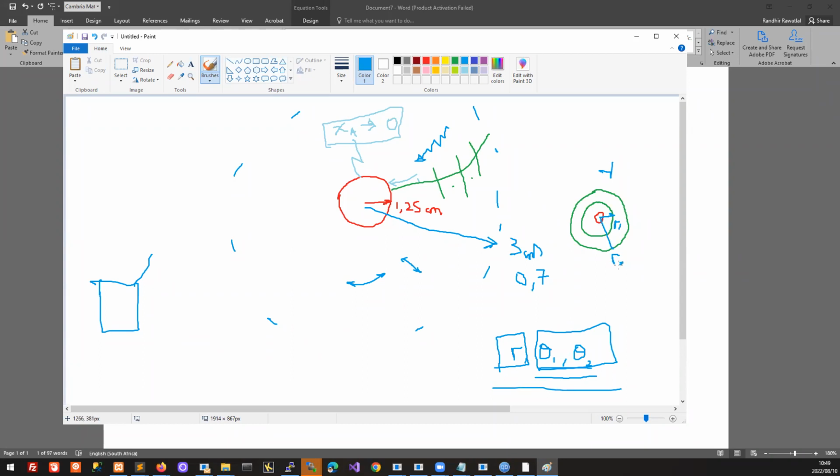Think about a real ball in the real world, not a theoretical ball with zero thickness. A real ball has a certain thickness, by which I mean the wall of the ball. The wall of the ball has a certain thickness. So this is the wall of the ball.